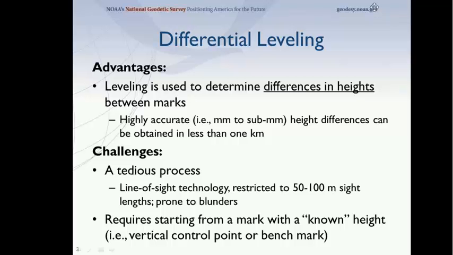You can even get down to sub-millimeter accuracy in measuring height differences. The problem is it's a tedious process, and because it's so tedious, it's prone to user errors. Another challenge is you must begin by leveling from a mark with a known height, because you're only measuring height differences.